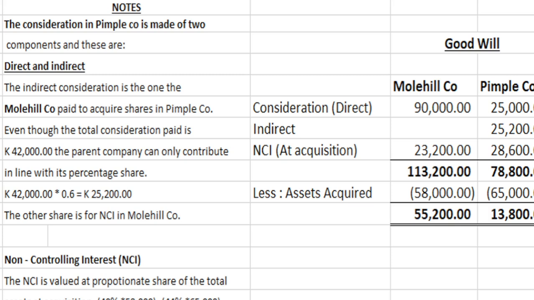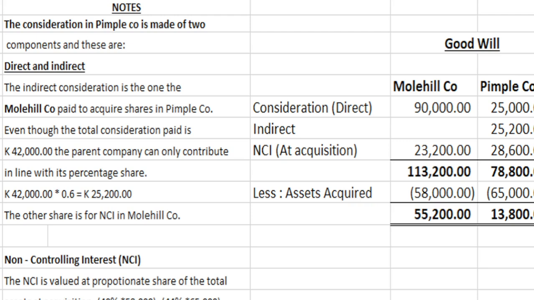Okay, the NCI at acquisition. Take note, the NCI here, we are talking about the NCI at acquisition, not the total NCI. So you can see that the NCI in More Company is 23,200 kwacha. The NCI in Pimple Company is 28,600 kwacha.